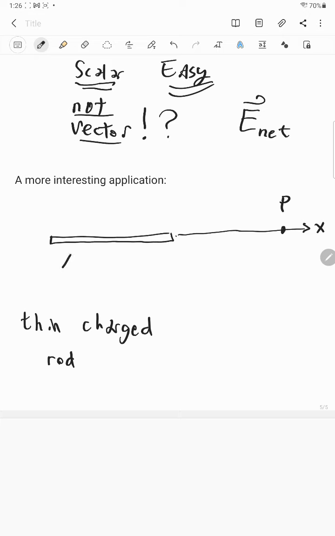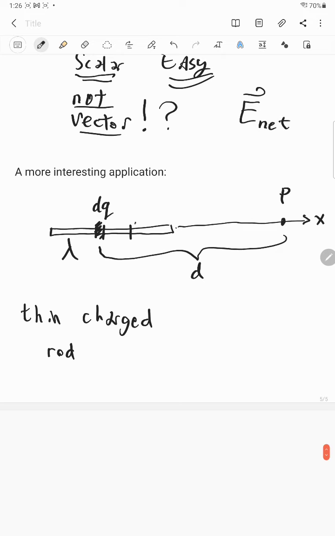It has a linear charge density lambda, and I can imagine small distances where, actually, let me do it this way, where there is a small amount of charge, which is some distance away from the position P, right? And I can imagine what is the potential at P due to all the small charges along this charge density.